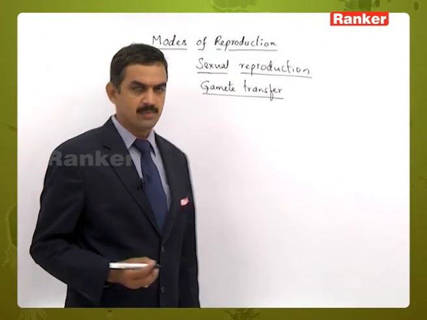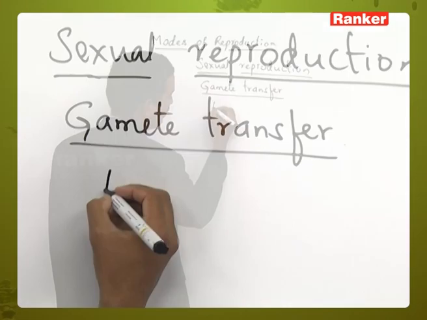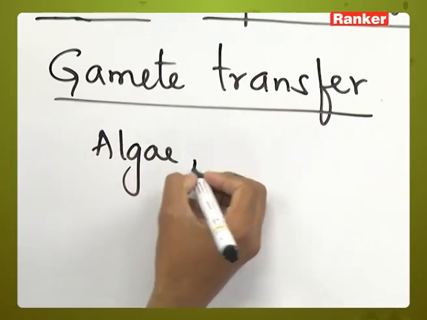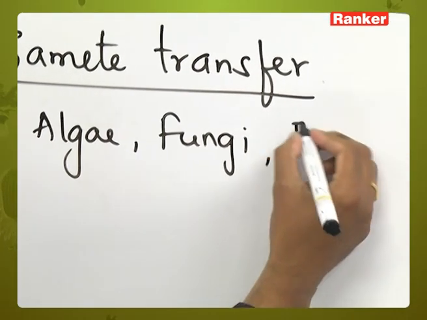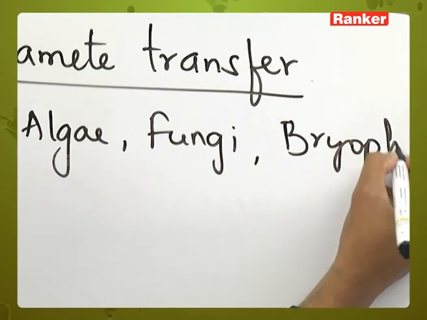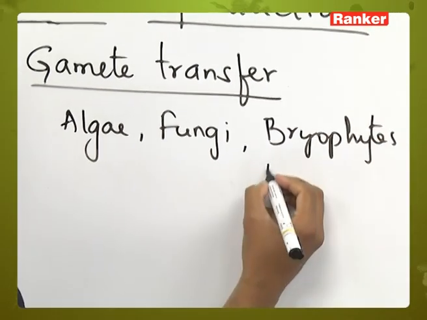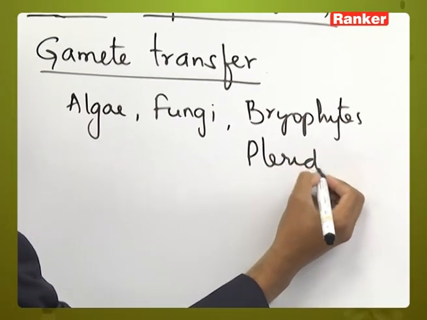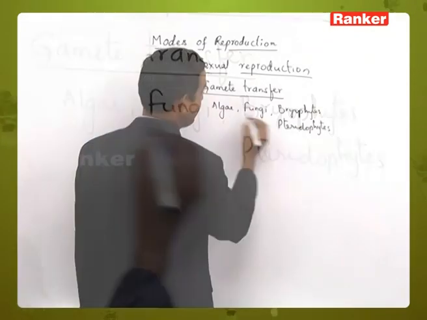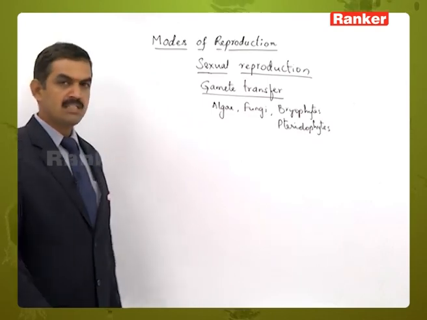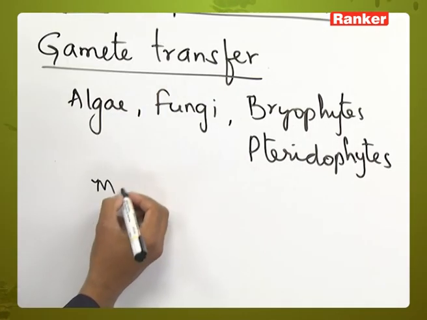In lower organisms, particularly in algae, fungi and bryophytes, also in pteridophytes. In this group of organisms, the male gametes are motile.